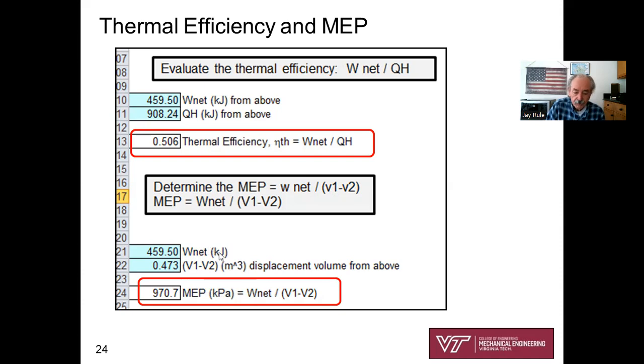If you work through the units, a kilojoule is a kilonewton meter, isn't it? A kilonewton meter divided by cubic meters, so that means kilonewtons per square meter, or kPa. So the units are correct. The mean effective pressure is 970.7 kPa. A lot of work.